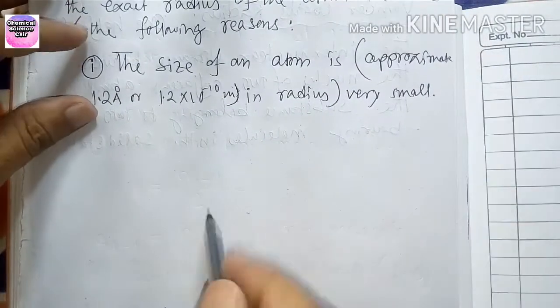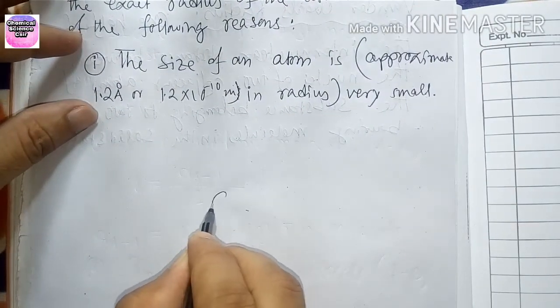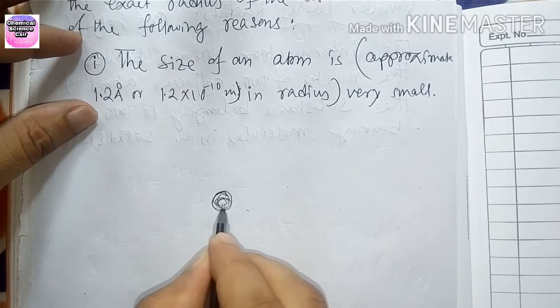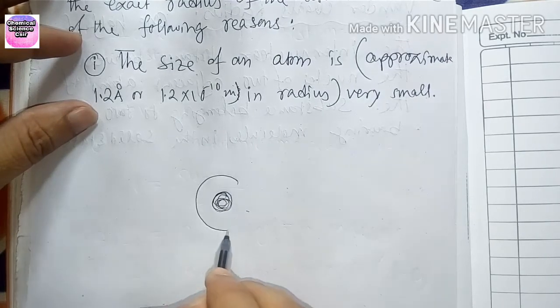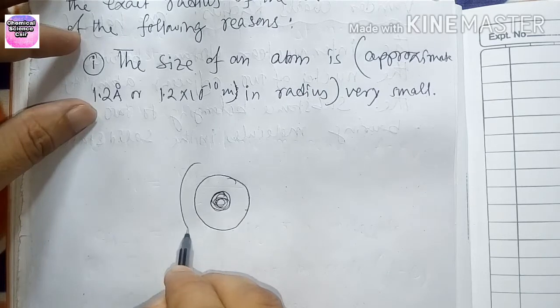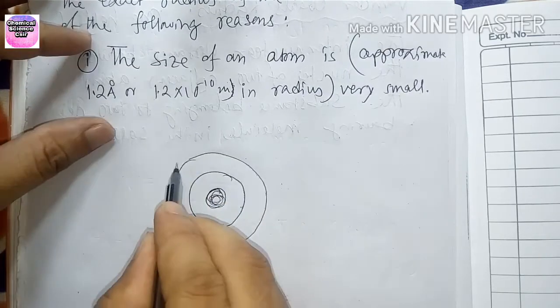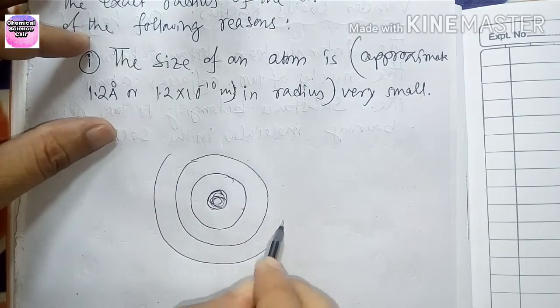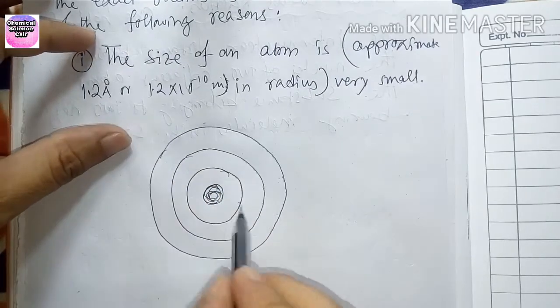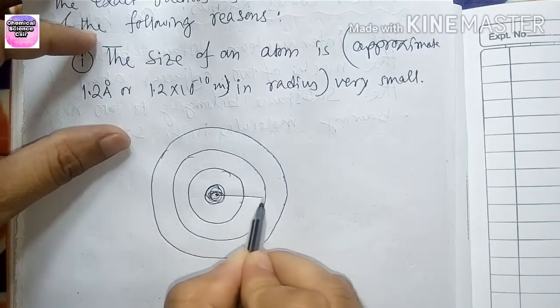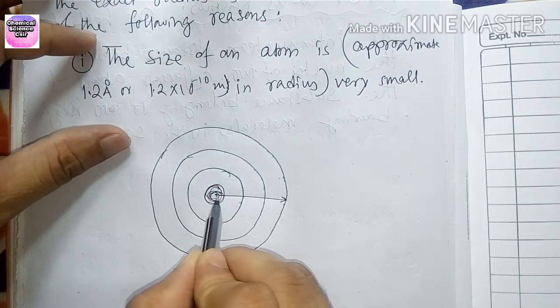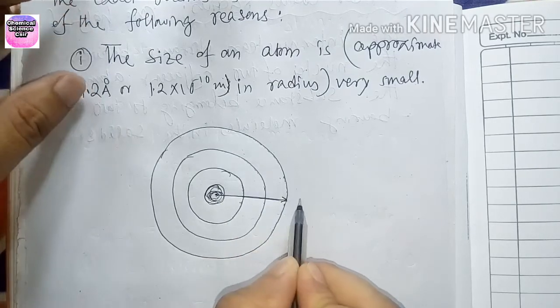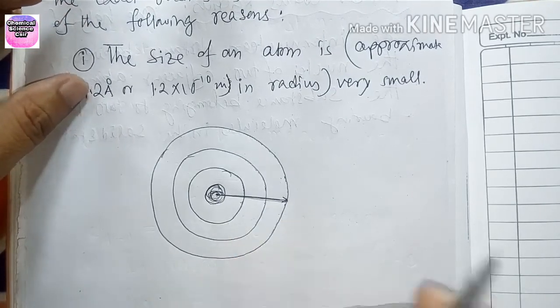Suppose I draw here. This is the nucleus, this is the first shell, this is the second shell, and this is the third shell. The distance from the nucleus to this outermost shell is called the atomic radius.